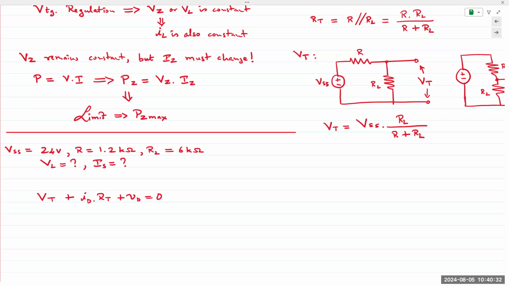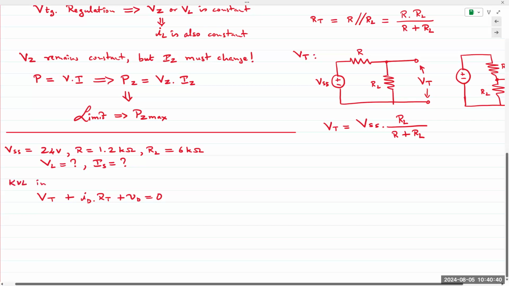So if you apply KVL to that Thevenin circuit shown in figure C, then the supply voltage VT plus IDRT plus the diode voltage drop VD is equal to 0.